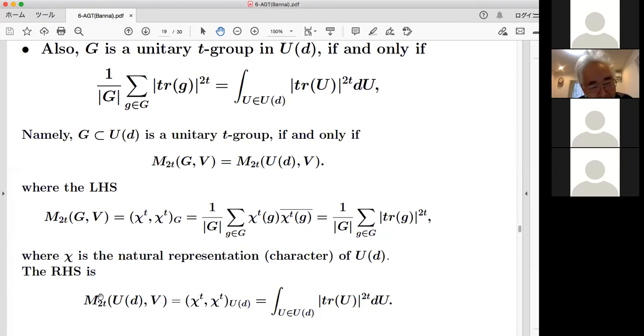So these moments or character values are the same over G and over U(D). And this is equivalent to that condition: the decomposition of the T-th tensor product of the character chi is the same over G and over U(D). And this is the equivalent condition for group G to be a unitary T group.